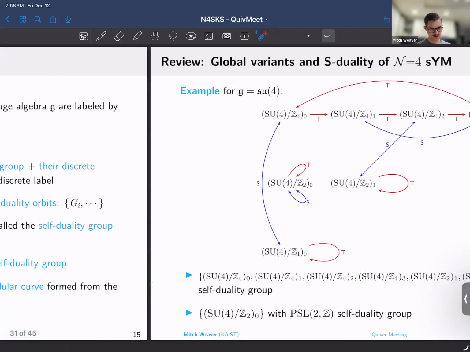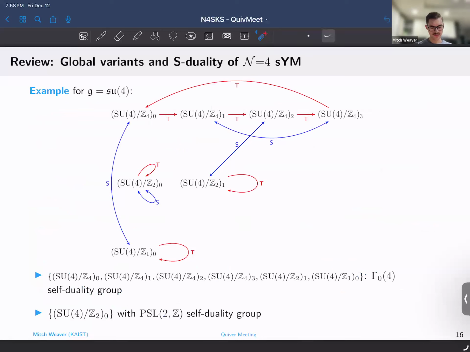Okay, and so here's the first non-trivial example, where non-trivial means I have more than one orbit occurring. This is the case where G is equal to SU(4), and these are the various G_I here.